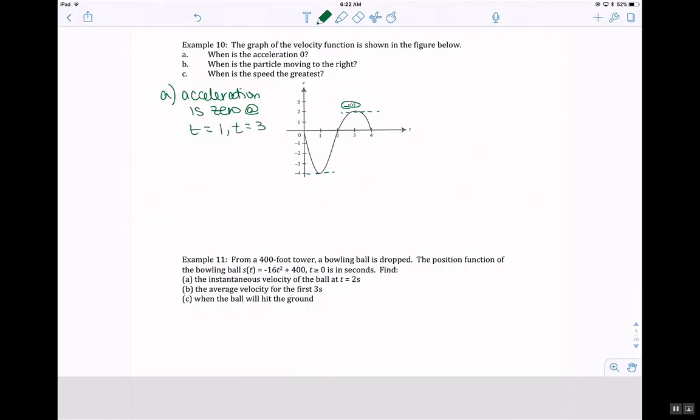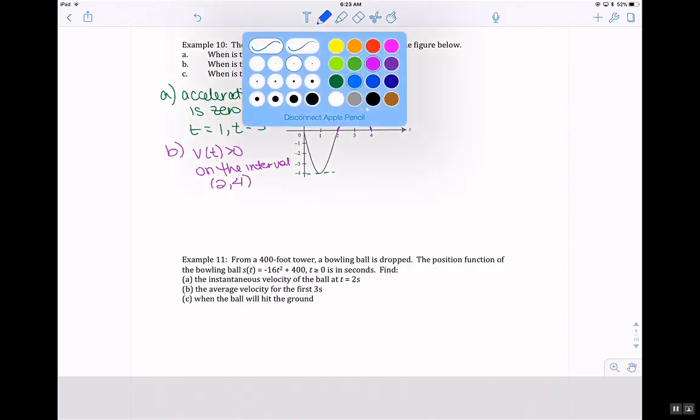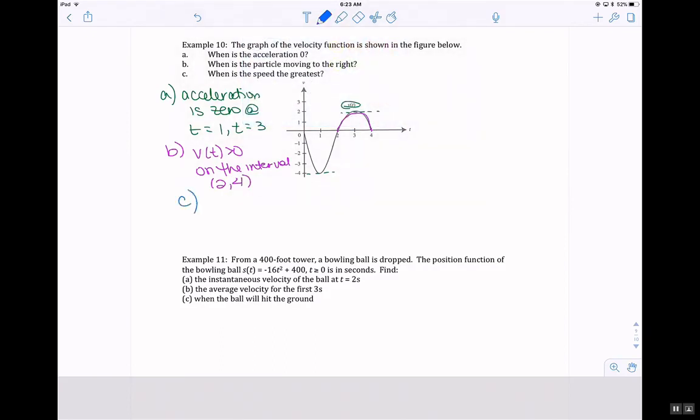Then when is the particle moving to the right? The particle is moving to the right when v of t is bigger than 0, which is above the x-axis, so on the interval 2 to 4. And then c, when is the speed the greatest? Well, when I look at my velocity graph, speed is the absolute value of velocity.